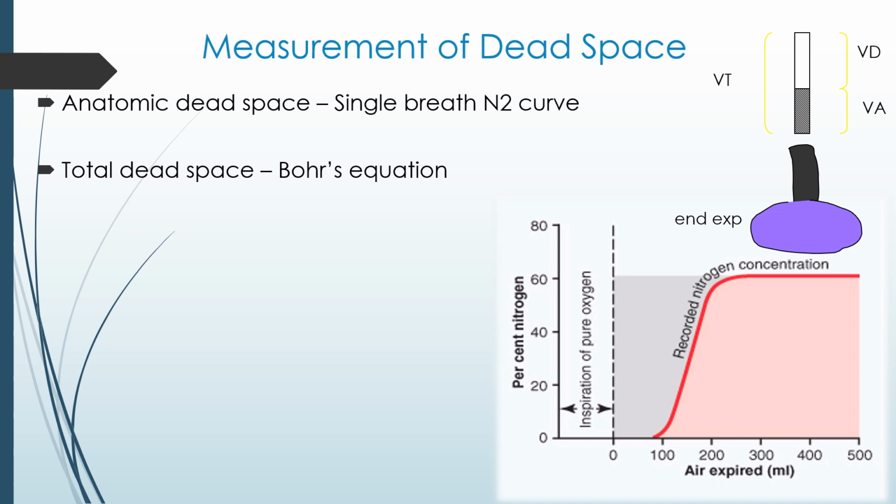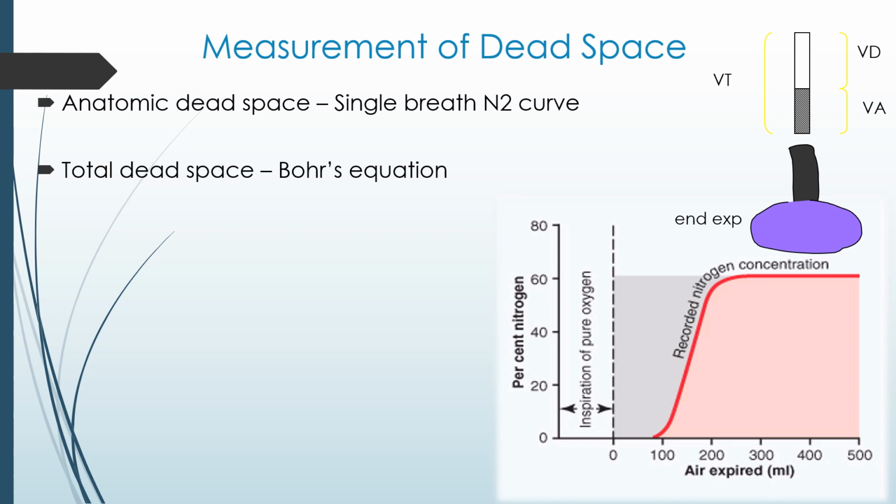It is based on the fact that inspired air contains very little or almost zero carbon dioxide, whereas all the carbon dioxide in the expired air is from the functional alveoli. The carbon dioxide in the expired air is not from the inspired air. It is only from the functional alveoli.